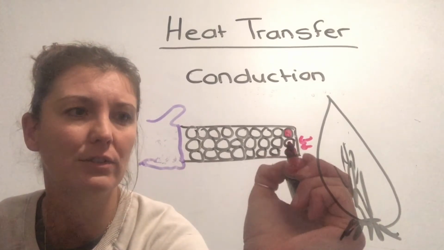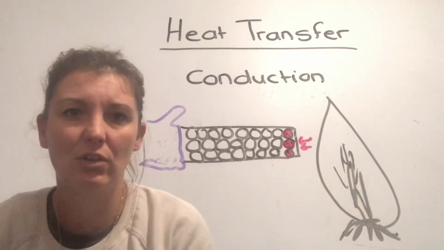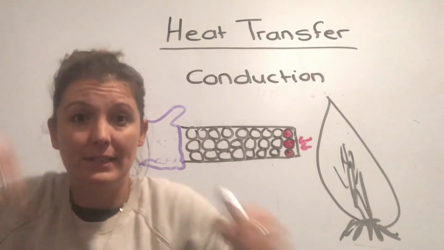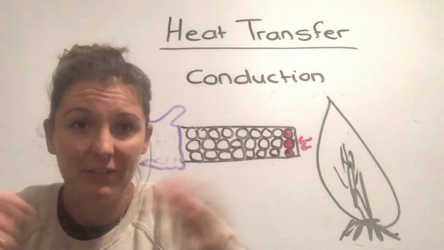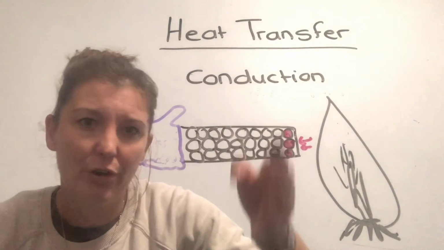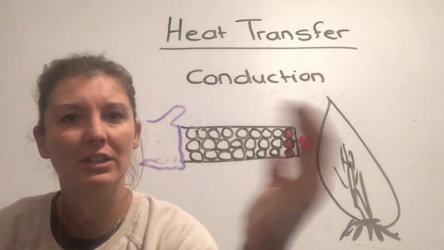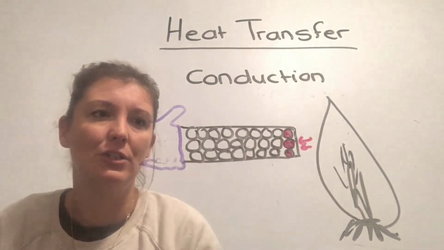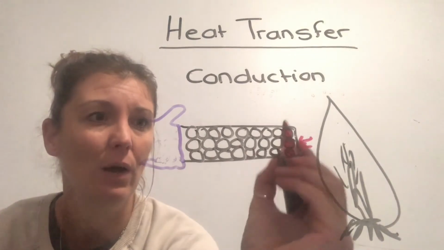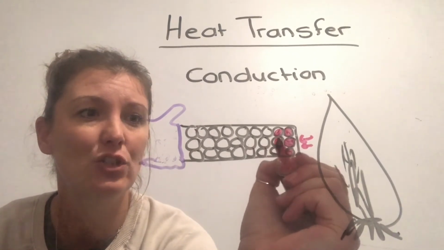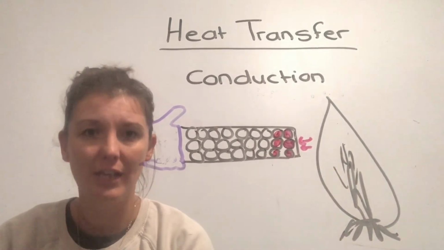When this particle gets hot, it has a lot of energy and starts moving a bit faster. Because it doesn't have a lot of room to move, it's bumping into the others. As it bumps into the particle next to it, it transfers its energy into the next particle.